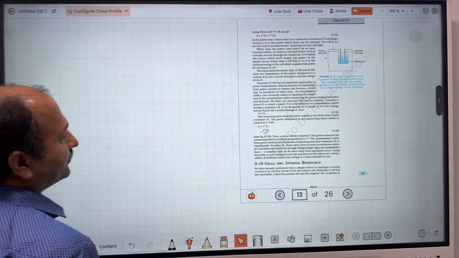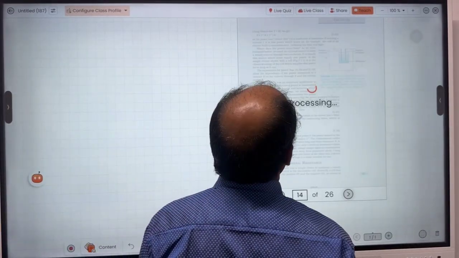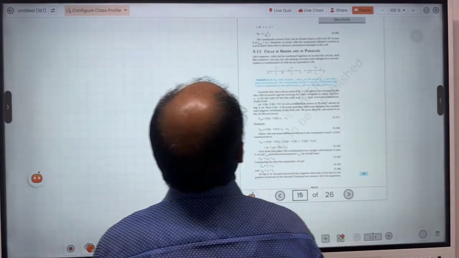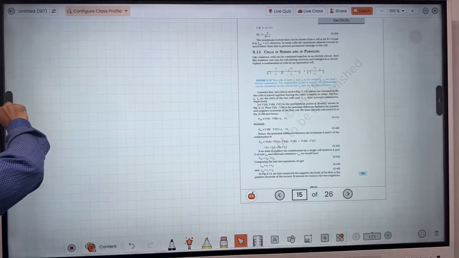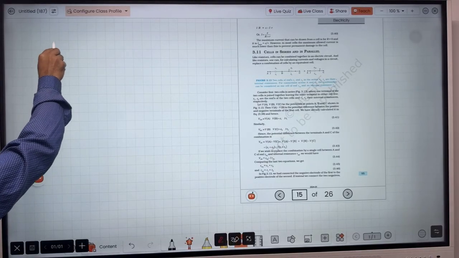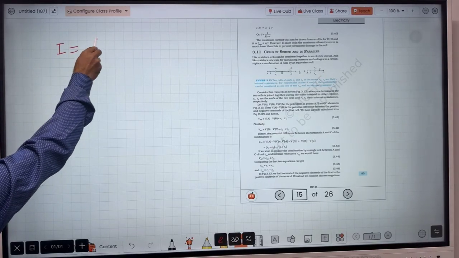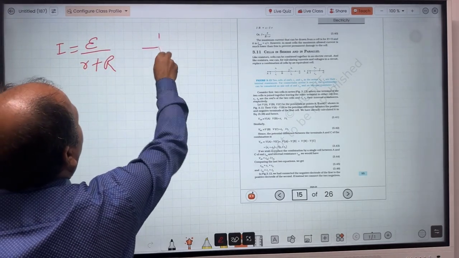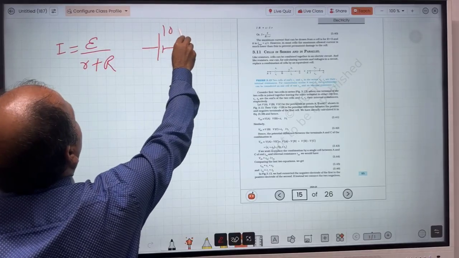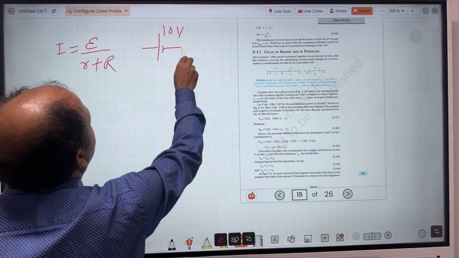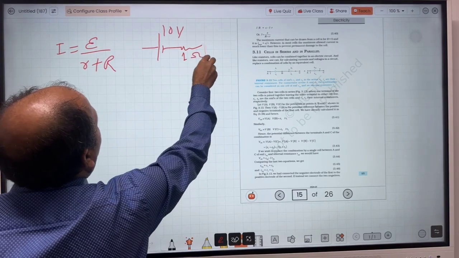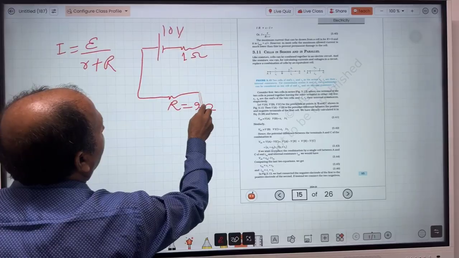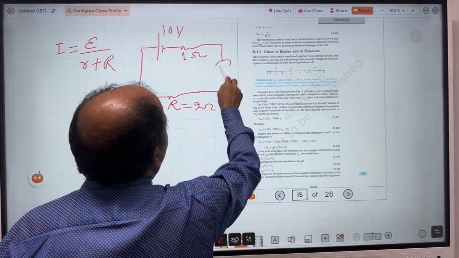So what we have seen here, that I is equal to E divided by small r plus capital R. If we take one example here, suppose this is a cell whose EMF is 10 volt and its internal resistance, say it is 1 ohm, and it is connected to a resistance R which is 9 ohm, and there is a key which is closed.